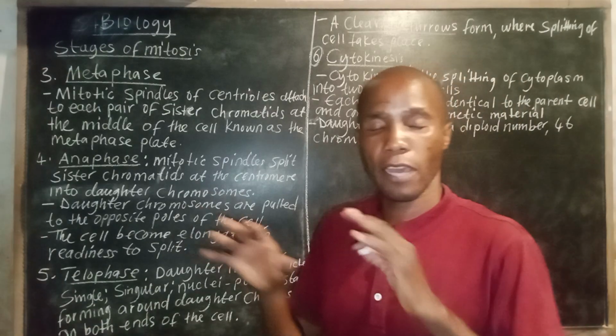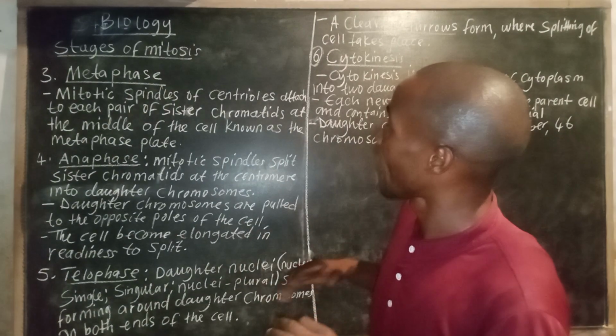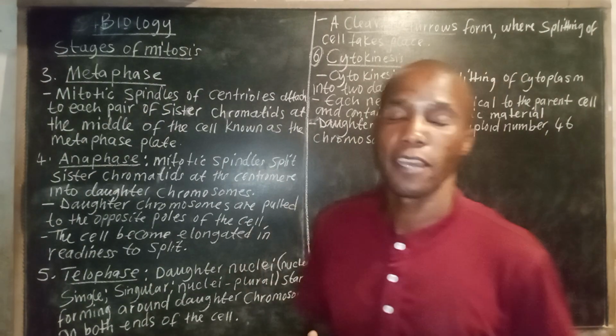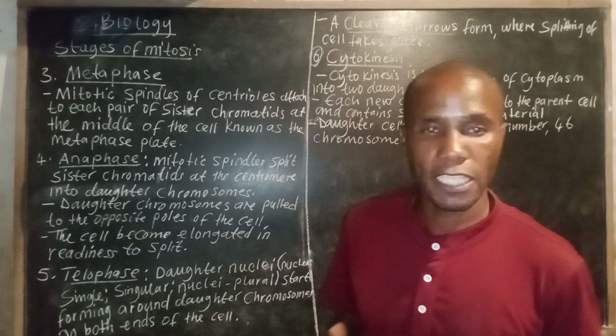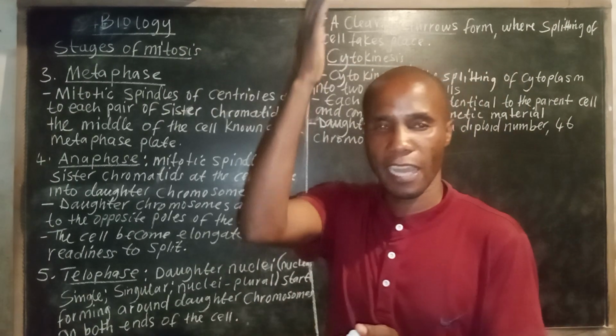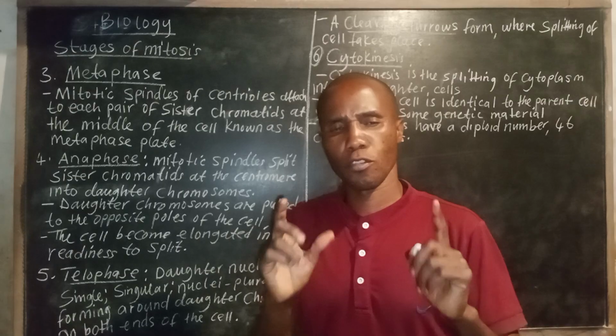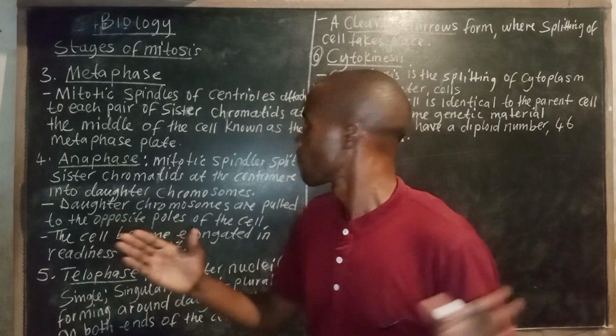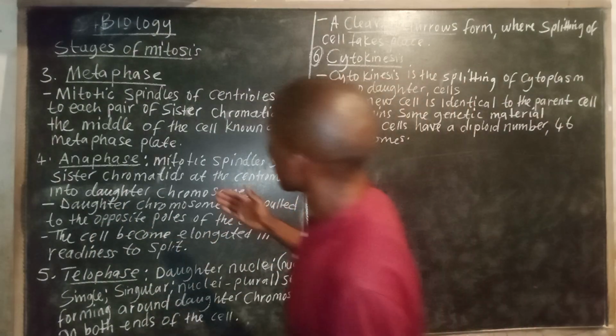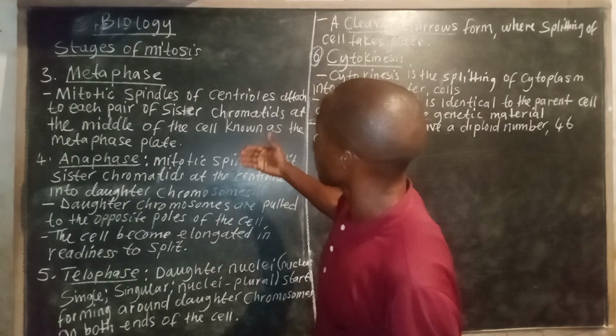That is a spindle, mitotic what? Spindles. So this is where now the mitotic spindles attach to each pair of sister chromatids so that it can now divide from one chromosome to two chromosomes. Okay, so this is now the middle.